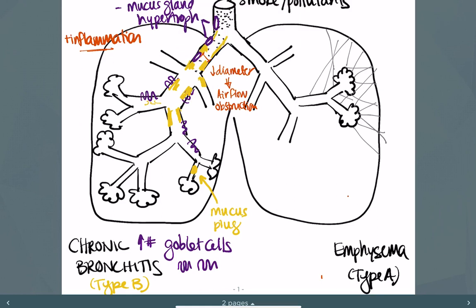So the beginning of this story is the same. In response to repeated inhalation of irritants, very often we're talking about cigarette smoke, but it can be pollutants and other things. You know, when we were on the left side of the lung, the effect was all in the upper airways.